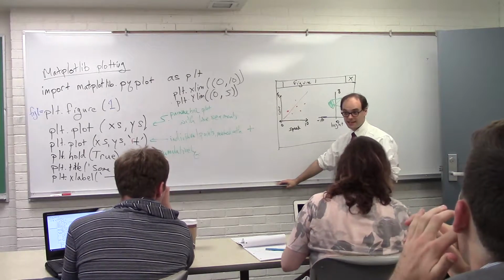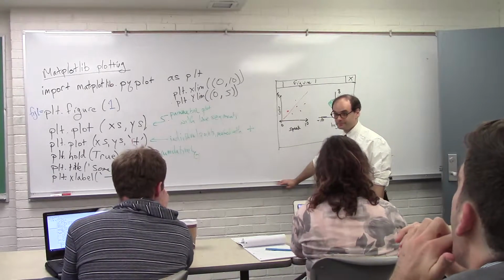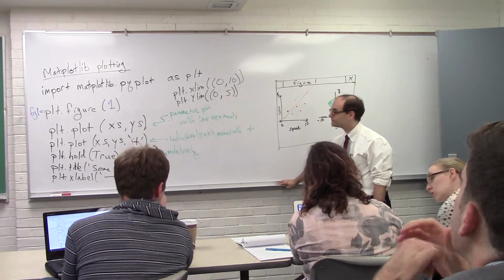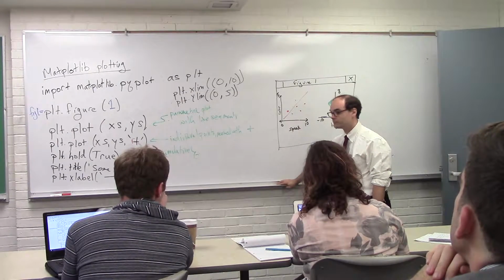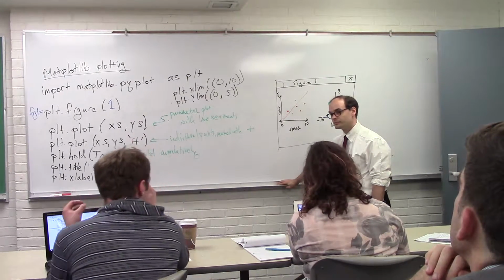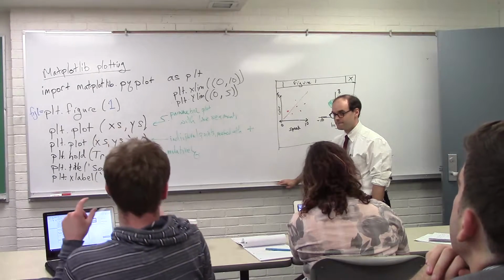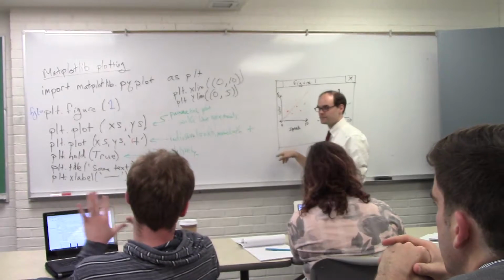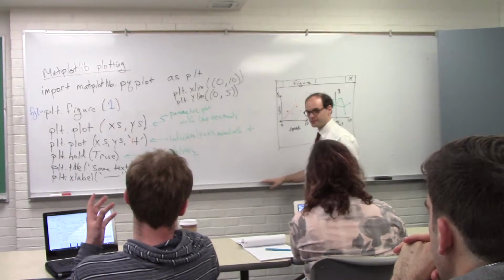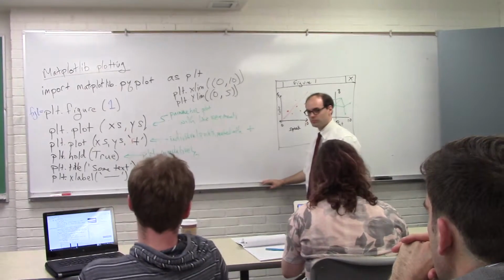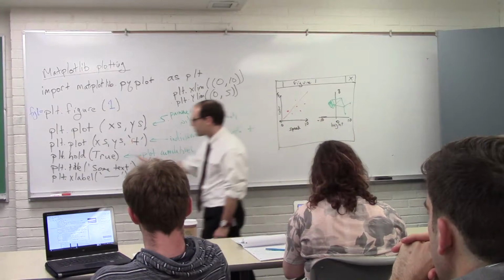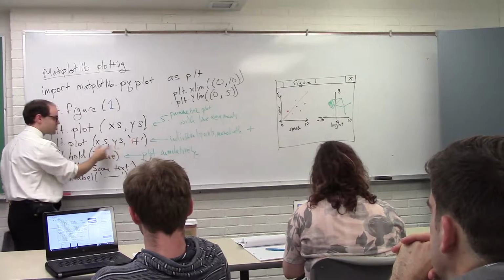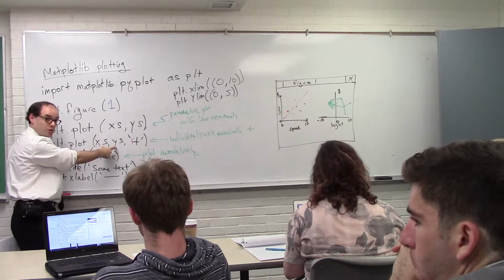Other questions? Yeah. So if you say patch and you give it 4 arguments instead of 3, like four different coordinates, so 4 different points. What it's going to do is it's actually going to trace out that line, like a quadrilateral, and fill that in. It's not going to get like a tetrahedron or something. So these are meant to be either lists or NumPy arrays. They're iterable again.